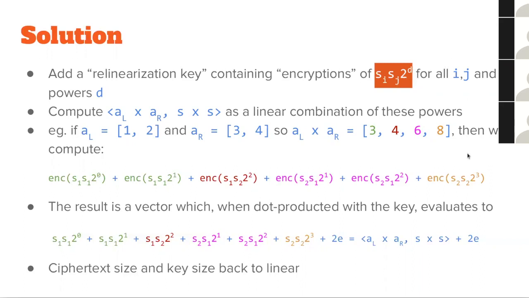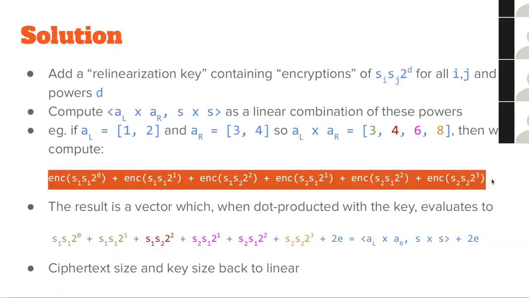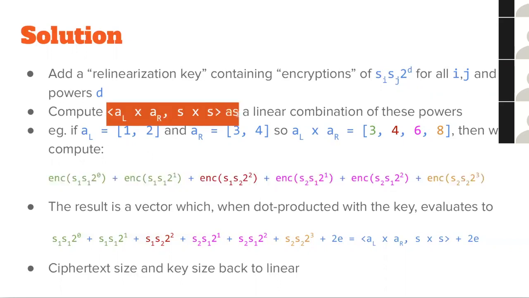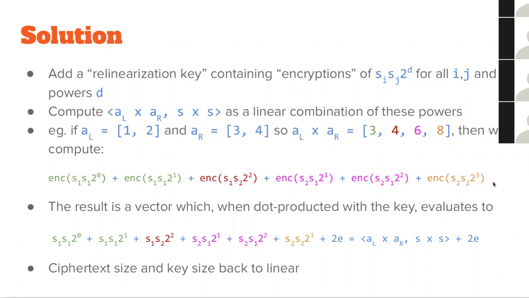And the reason why this is still useful is because if you add up these ciphertexts, then you still get AL times AR, or AL exterior ER, dot producted with S exterior X, plus a whole bunch of even errors. But these even errors just add together with the even errors that were already inside of here.